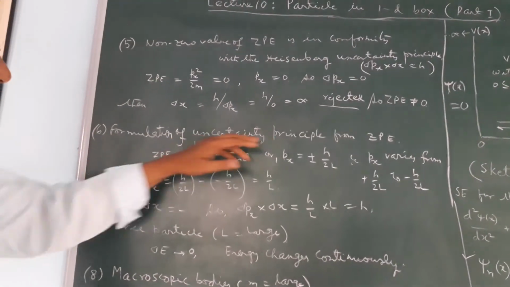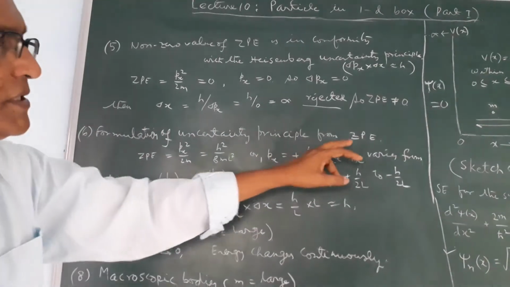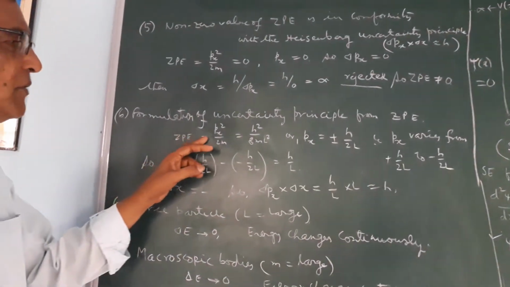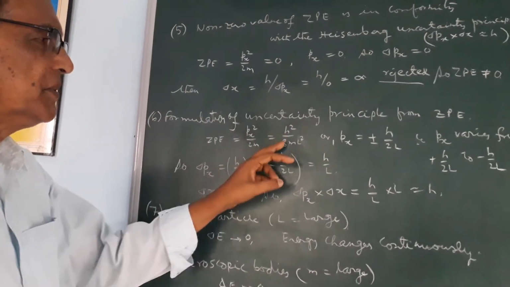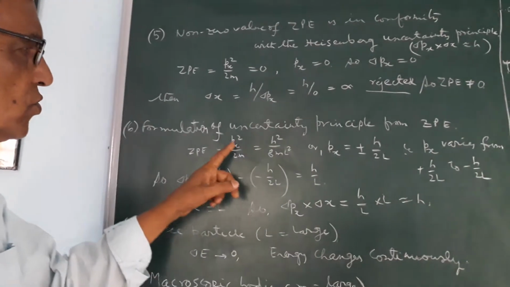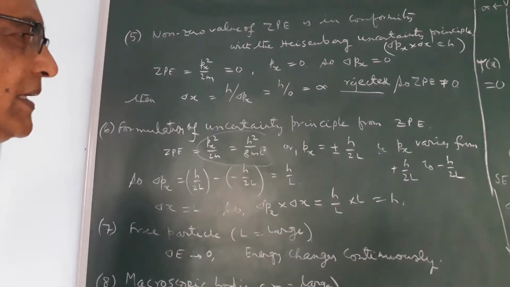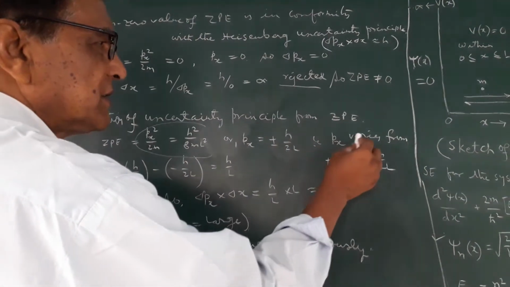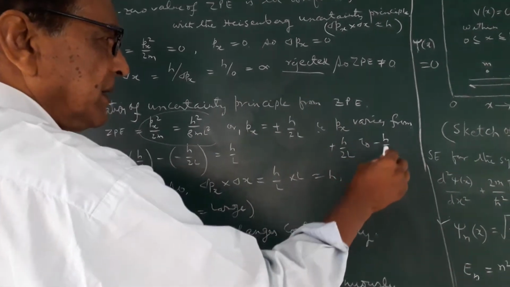In fact, we can formulate the uncertainty principle from this zero point energy. Zero point energy equals px square by 2m equal to h square divided by 8mL square. So equating this, px equal to plus minus h by 2L. That means px varies from plus h by 2L to minus h by 2L.